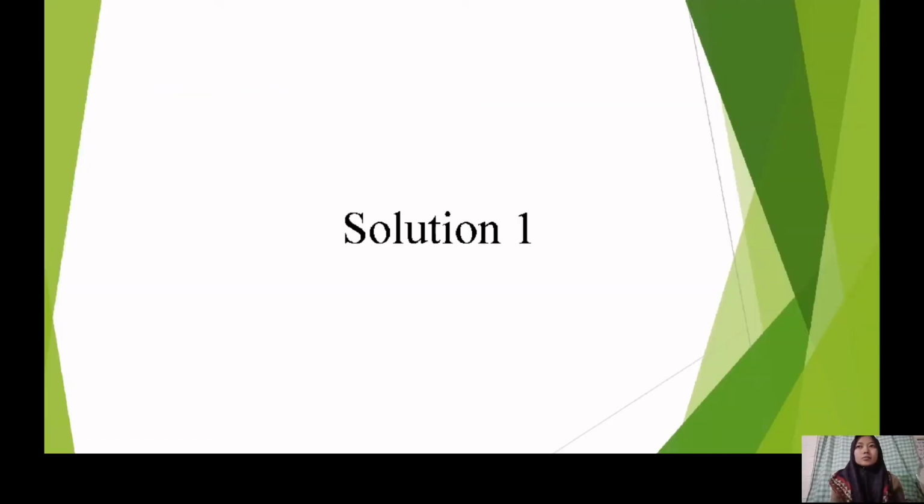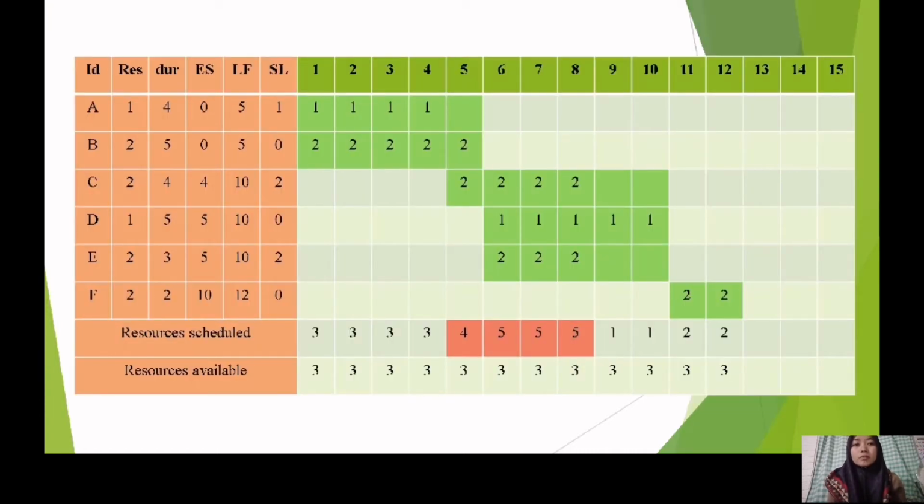Next, let's move to the next slide, which is solution 1. Here, after we perform the CPM calculation, we draw the ES resource load chart as shown in the slide. If we look at the table, in the first row there are initials.